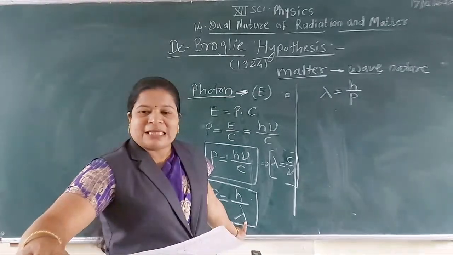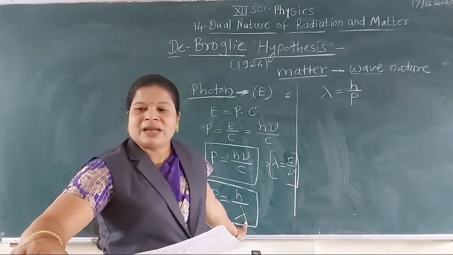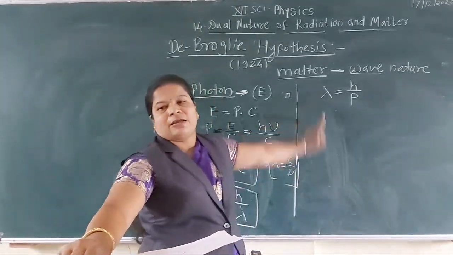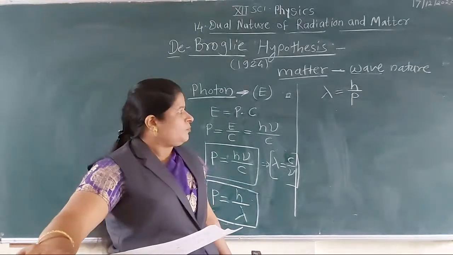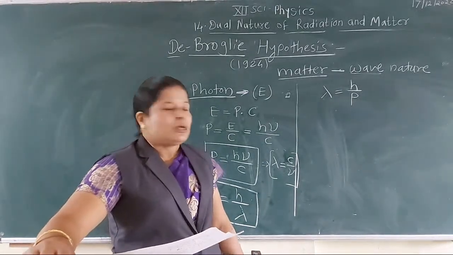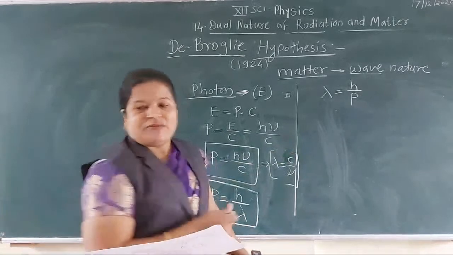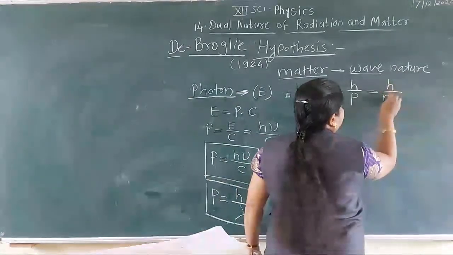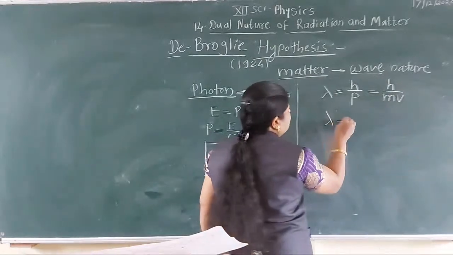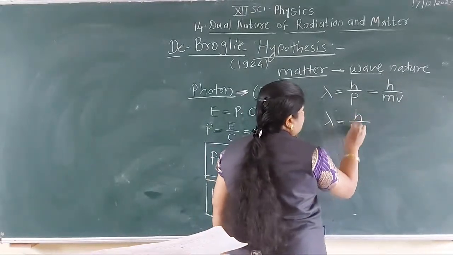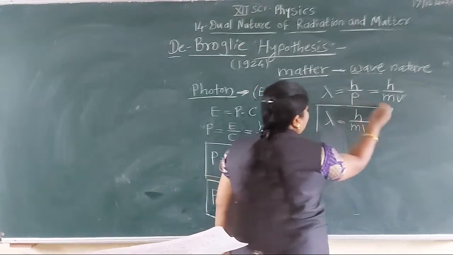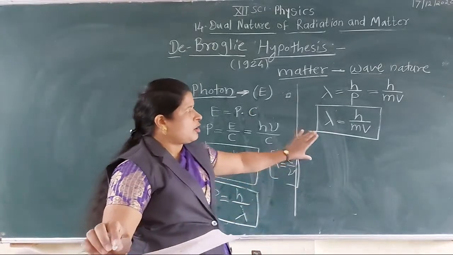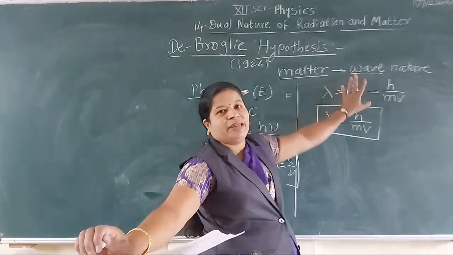Thus lambda is equal to h divided by m into v. It indicates that matter also exists in a wave nature.